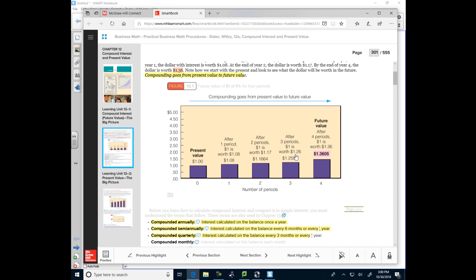After 3 periods, your interest is worth 26 cents, and that's going to be added to your original dollar. So you'll notice here after 4 periods, 4 times 8 would be 32 cents. But with compounding, you're up to 36. Okay? And the longer you leave it in, the more this effect kicks in, earning interest on your interest.